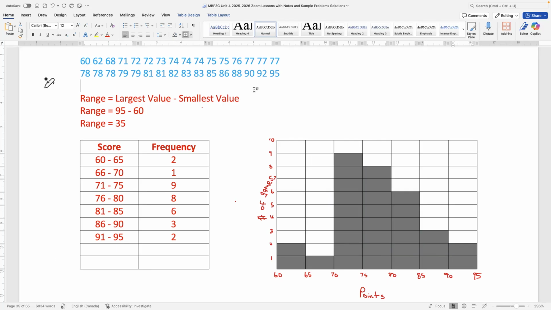So there is a histogram depicting this data, which is the number of points scored and the number of games where they scored. If you look at this, the numbers in the middle between 70 and 85, that's where the majority of the games are, or the number of points you're usually going to get.